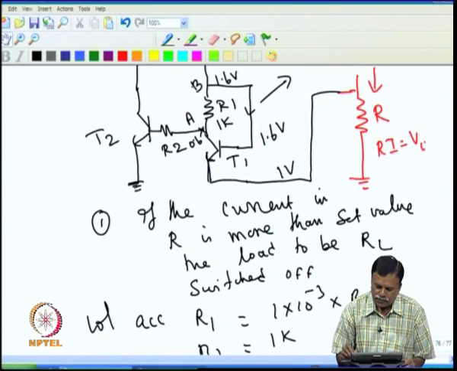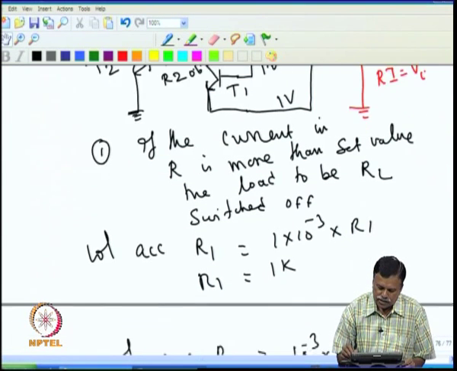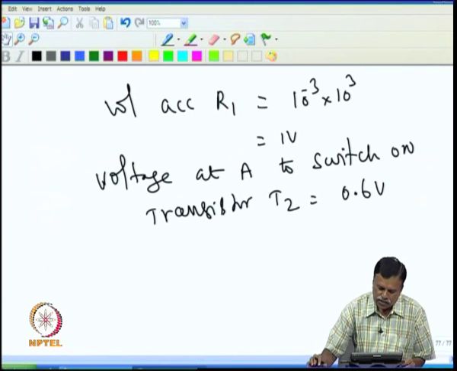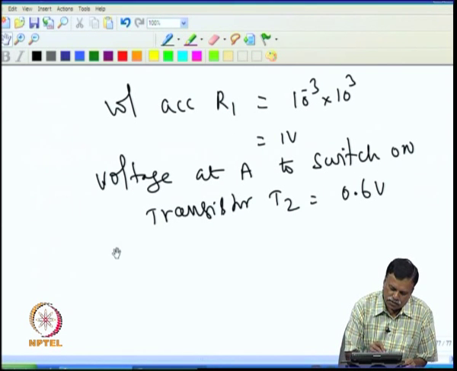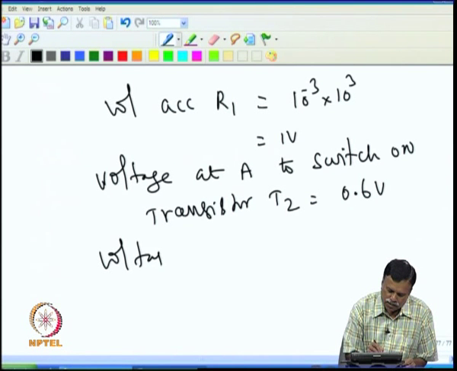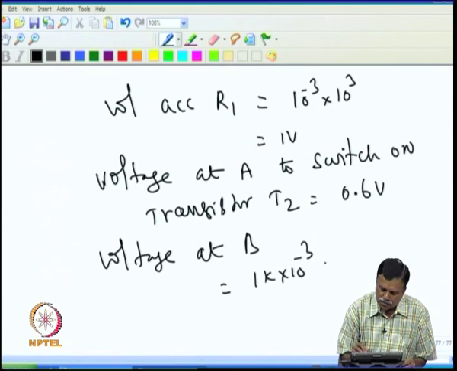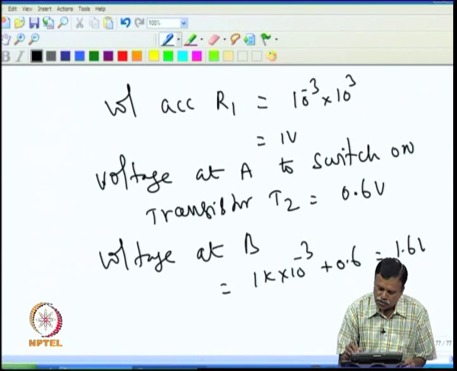So, effectively speaking, if you write the equation, then the voltage at B would be 1 k into 1 milliampere plus 0.6, that will be 1.6 volt.